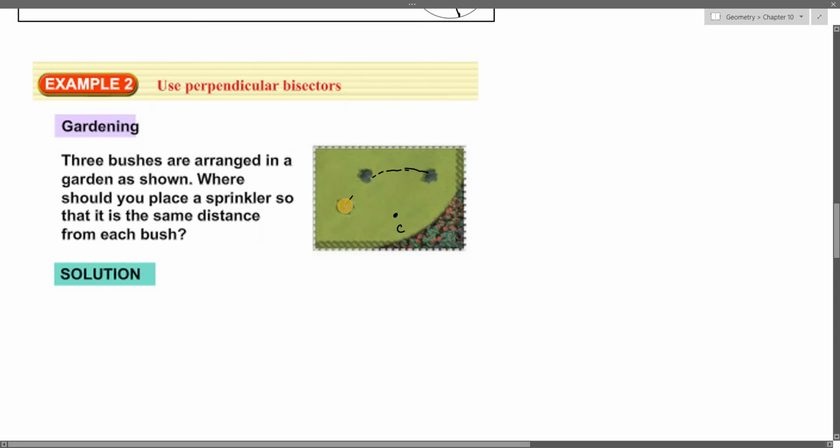So this is a sprinkler, and I'm making my circle where these are kind of points A, B, and C. And so I'll draw the bushes as parts of the circle. And really the rest of the circle that comes down here we don't even care about. So it says three bushes are arranged in a garden as shown. Where should you place a sprinkler so that it is the same distance from each bush?